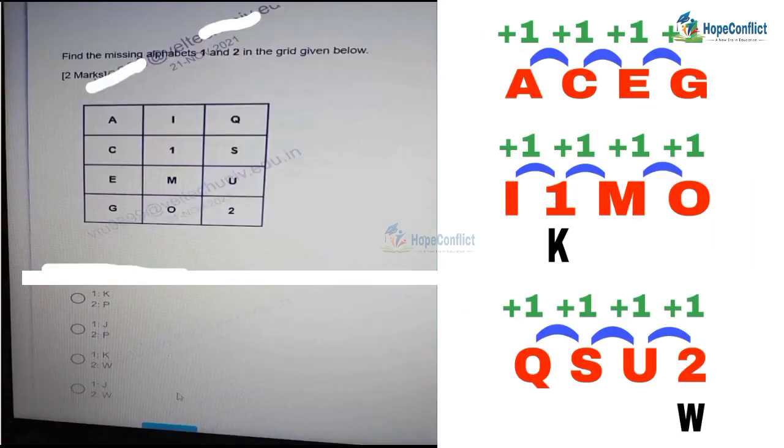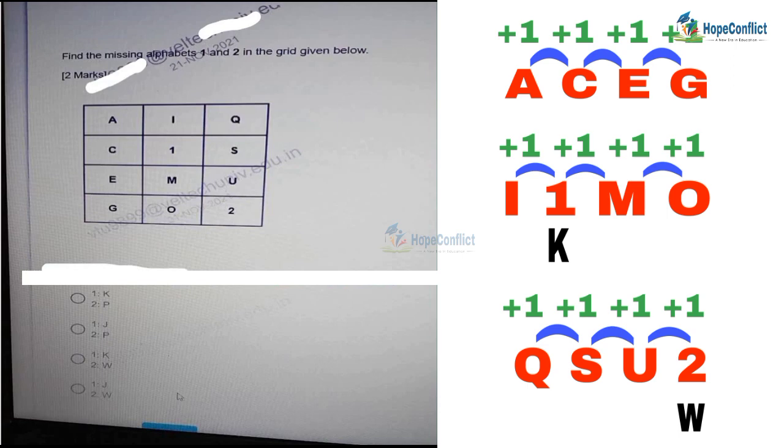For the next question, if we consider column 1, we will see a series which is A, C, E, G. So there is an increment of 1 in this series.